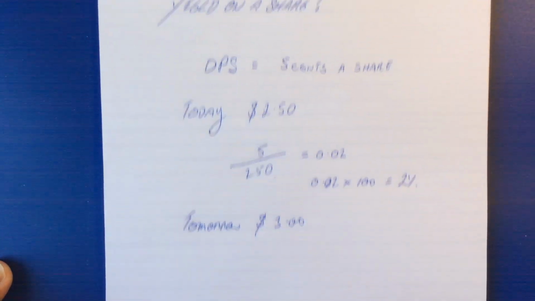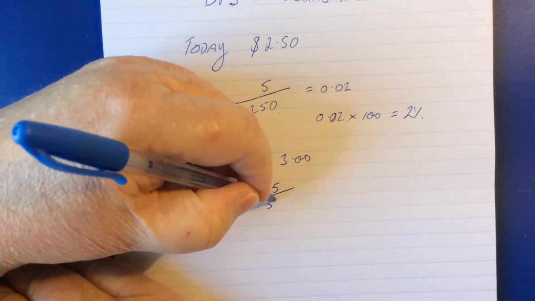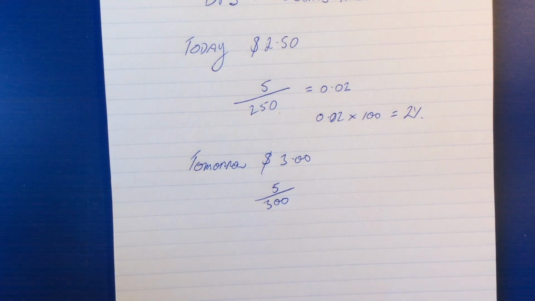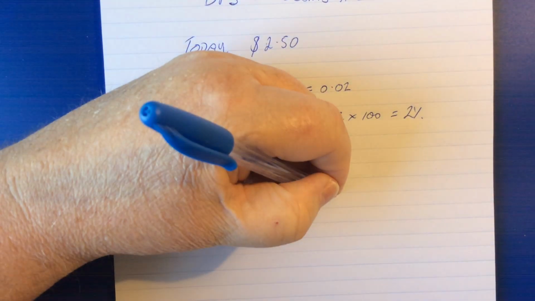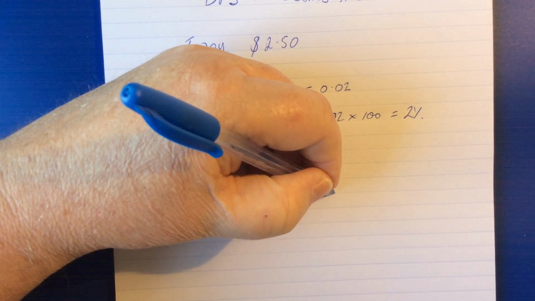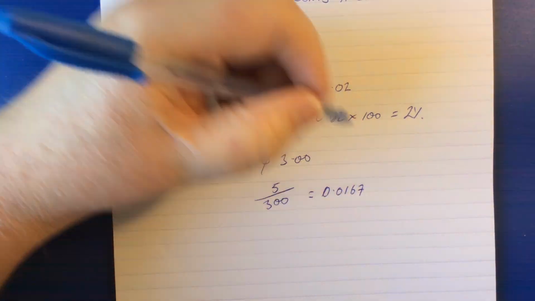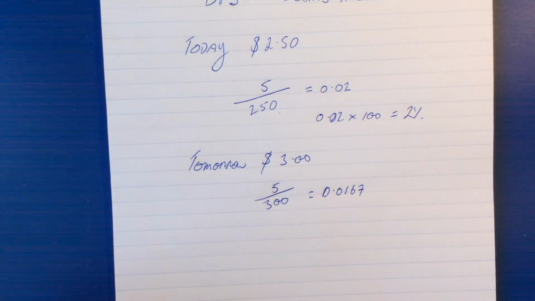Well, we perform the same calculation. 5 cents over 300 cents, and obviously we get something different. We get 0.0167, we'll say. It's actually an endless non-recurring decimal.